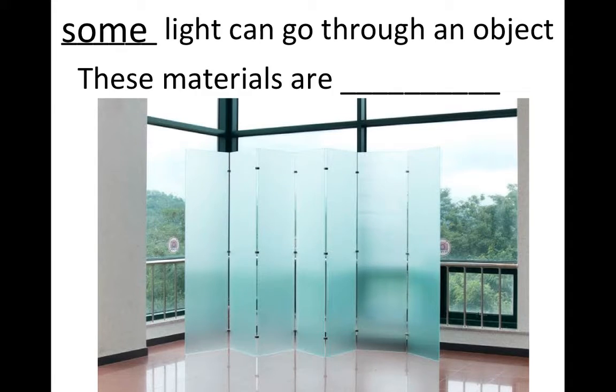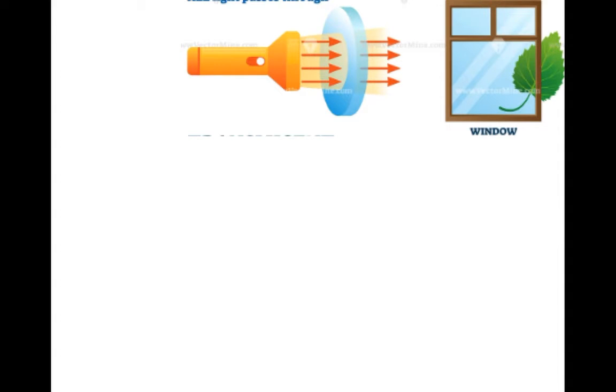Again, these materials are transparent, translucent, or opaque. These materials are translucent. Here we have a window.